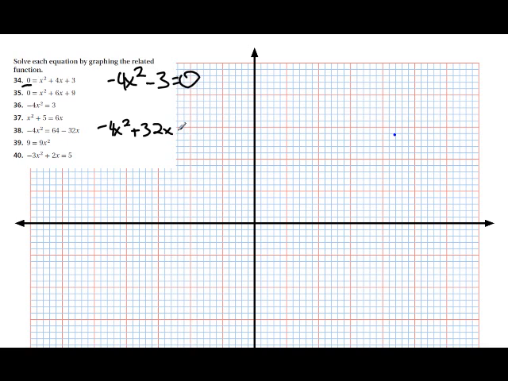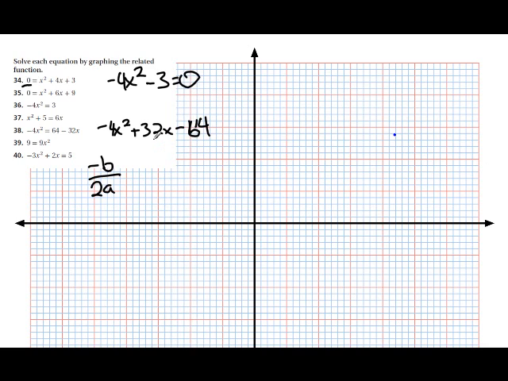Positive 64 will become minus 64. This graph's terrible. Okay, so what we can do, instead of making a table and trying to figure out which of these points would be the vertex, because that might take a while, is we can use our little formula to find the axis of symmetry, which remember is negative b divided by 2a.